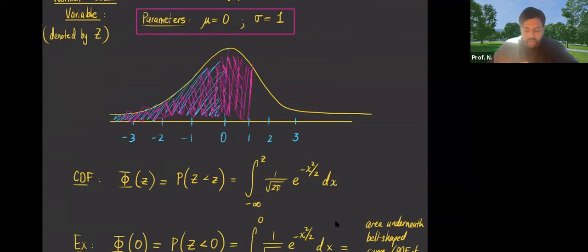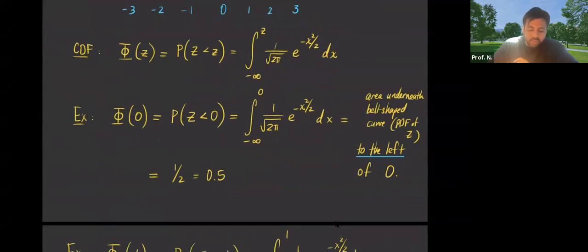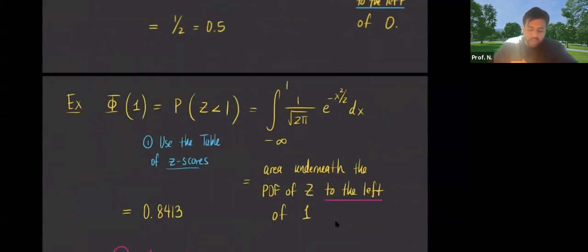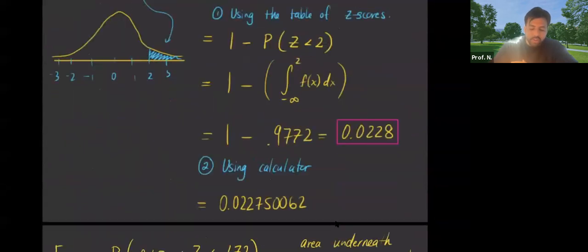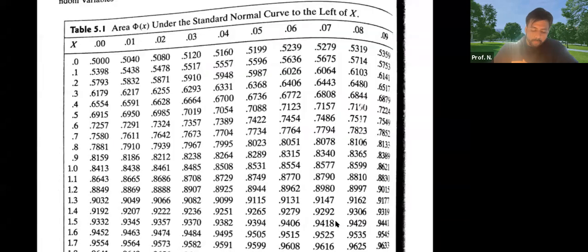So for now, all we care about is the integration aspect, the area underneath the curve to the left, to the right, or in between two values. As long as we're able to find the area and interpret it, we're in good shape. Okay.